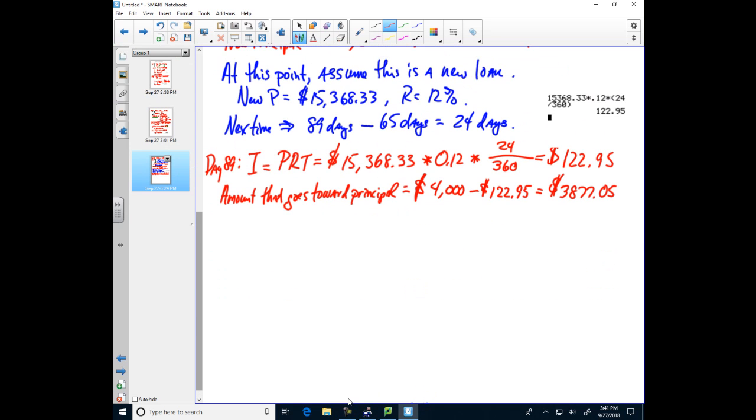And just like before, there's a new principal, isn't there? The new P is going to be the old P, which is $15,368.33 minus what's left of his $4,000 after we subtract the interest.